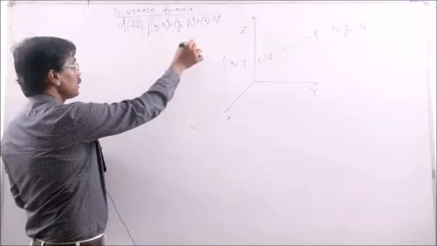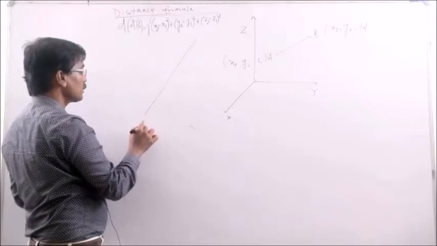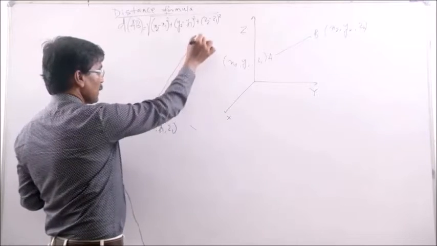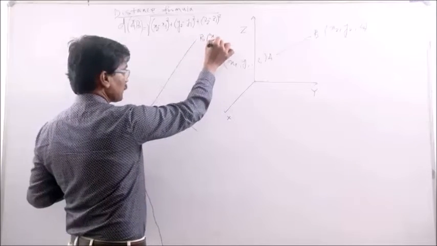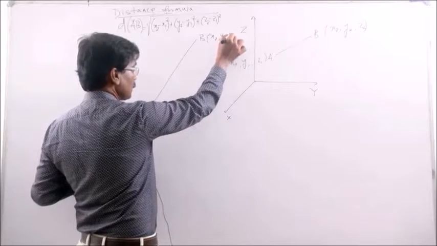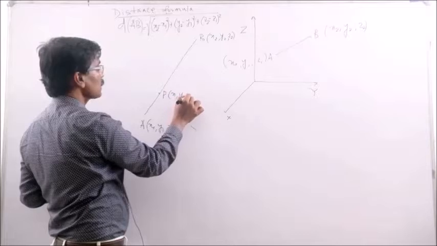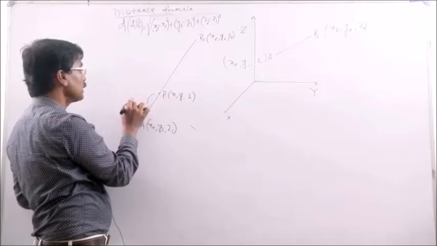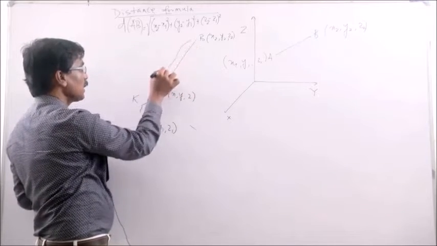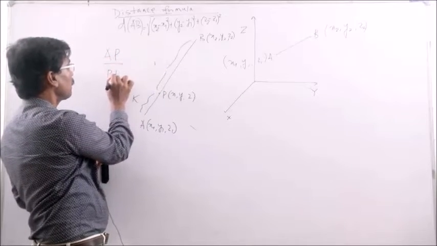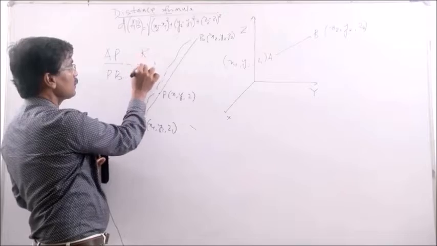Subsequently, the ratio formula. So, what is the ratio formula? Suppose point A is x1, y1, z1 and B is x2, y2, z2 and P is a point x, y, z which divides in the ratio k is to 1, that is AP by PB is equal to k by 1.